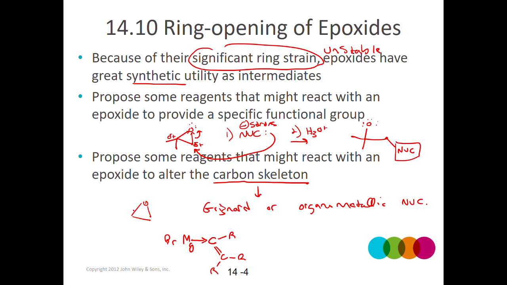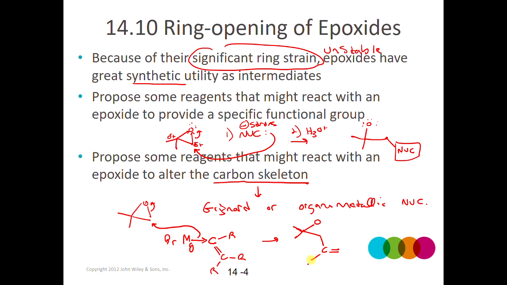And so what we said was, if the epoxide has a more sterically hindered side, we expect the carbon to attack the less sterically hindered side. So when it attacks, it would open up the ring, and now I make a new carbon-carbon bond.